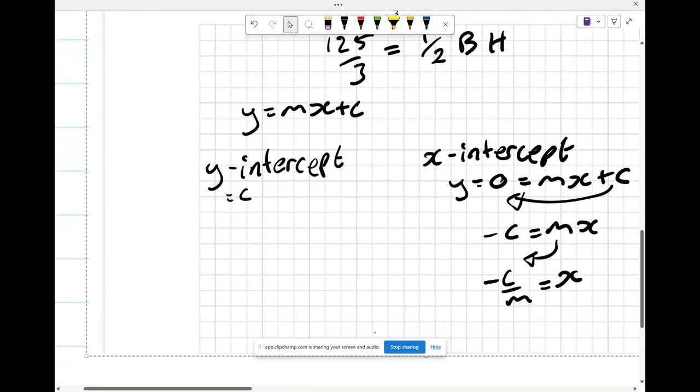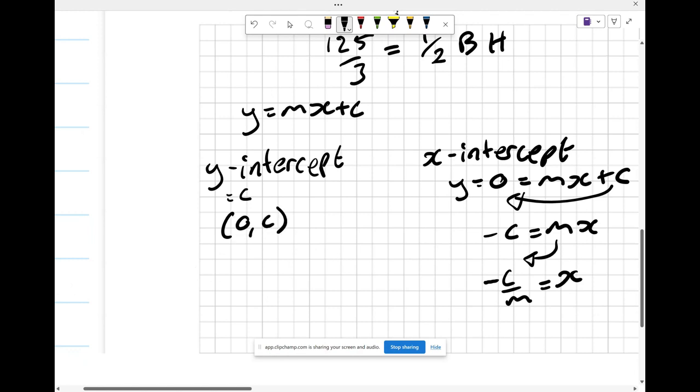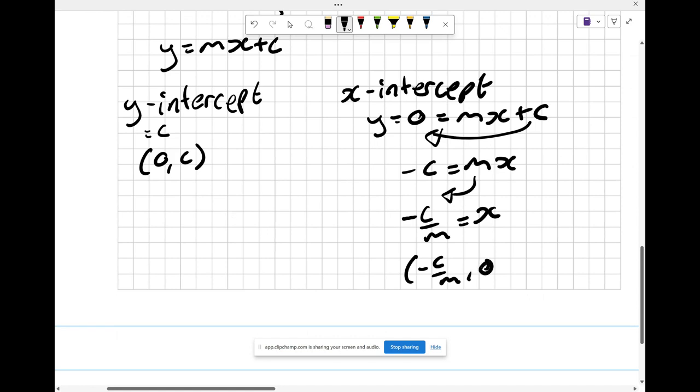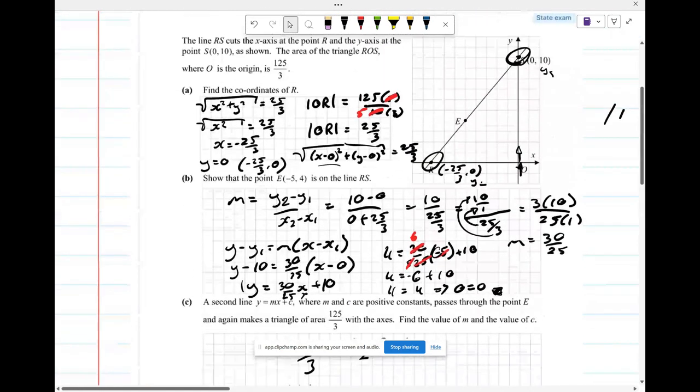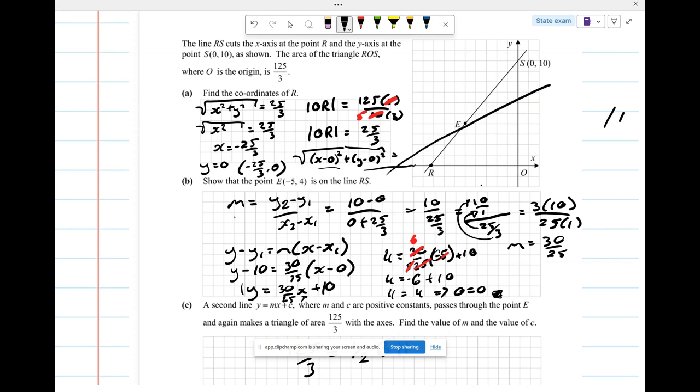So the coordinate for our y-intercept is going to be (0, c), and the coordinate for our x-intercept is going to be (-c/m, 0). So basically, what's going on, let me clean some of this up, is, pretend this goes this way, it's going to look like this kind of, and these are going to be our two points. So this was (0, c), and this was (-c/m, 0).